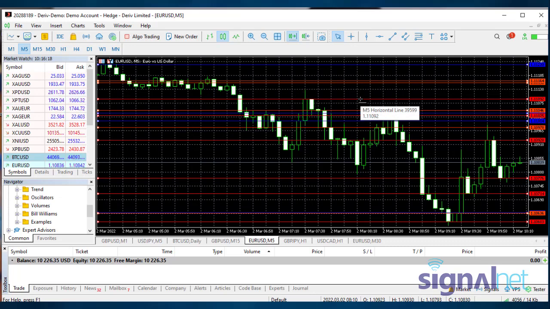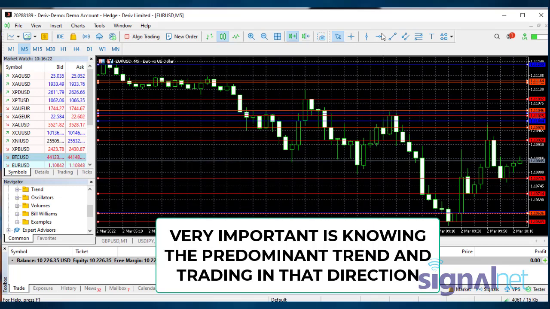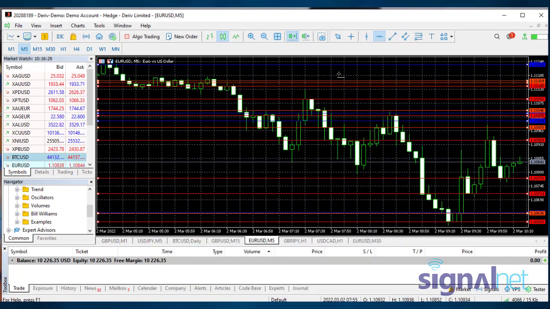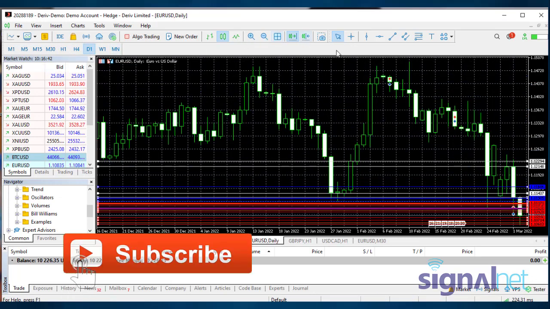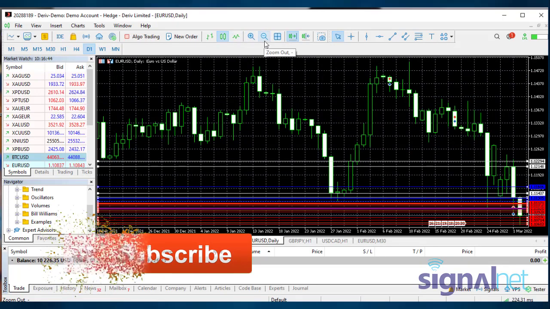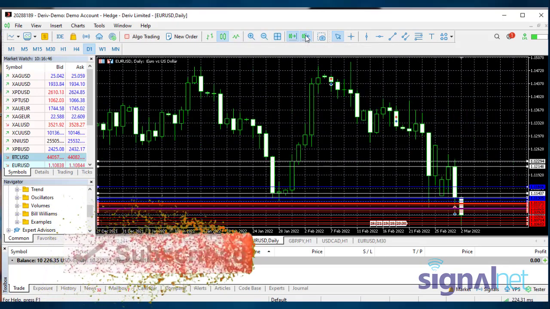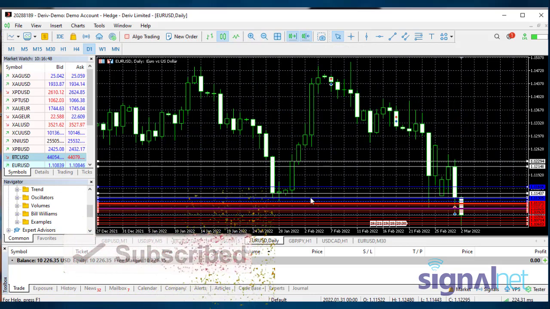Now, most importantly is determining the predominant trend. Even though in this case that seems to be quite obvious, which is that the predominant trend is downwards, although we may be experiencing a bounce because the market broke down selling, broke a major level.